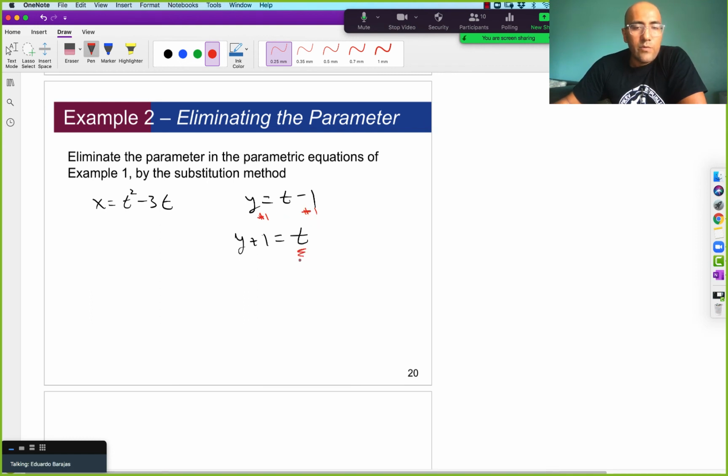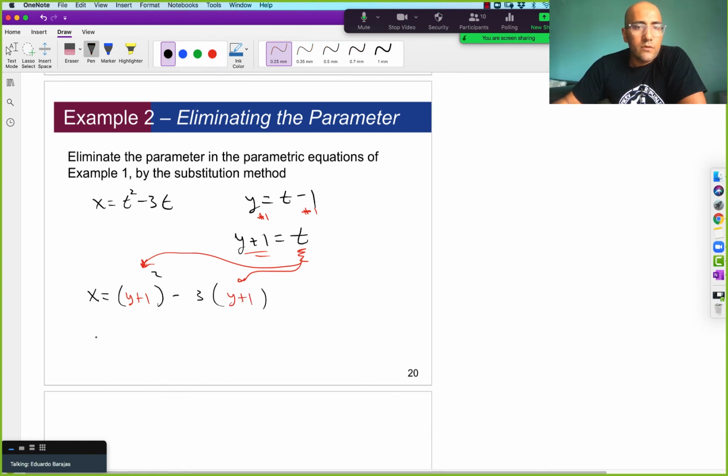And now we can take this t and plug it right into there. So this becomes x minus blank squared minus 3 times blank, and we're going to take this t value and dump it in there and dump it in there. So now t becomes y plus 1, and here we get y plus 1.